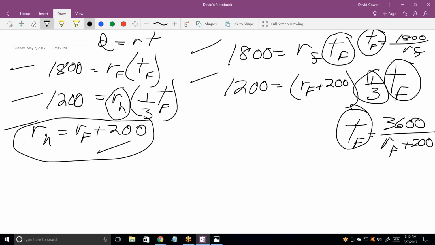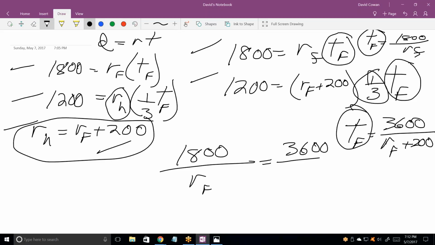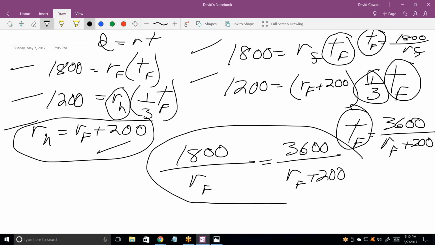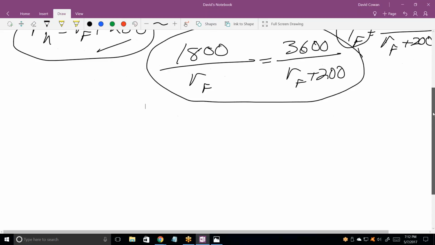So I'm going to set 1800 over the rate of f equal to 3600 over the rate of f plus 200. And notice how now we have 1 equation and 1 unknown. Now we can solve for r sub f. Once we solve for r sub f, everything's going to become clear.